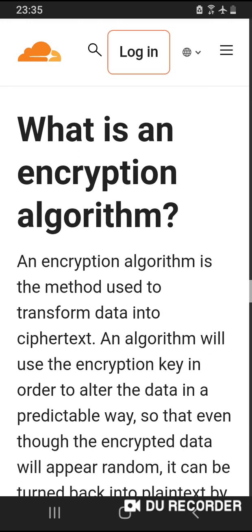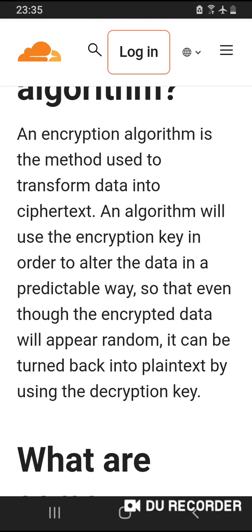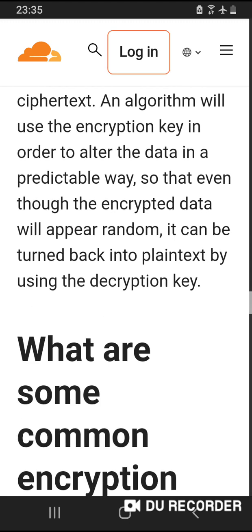What is an encryption algorithm? An encryption algorithm is the method used to transform data into ciphertext. An algorithm will use the encryption key in order to alter the data in a predictable way, so that even though the encrypted data will appear random, it can be turned back into plain text by using the decryption key.